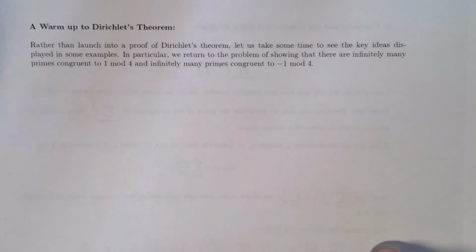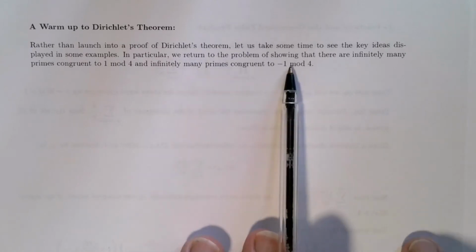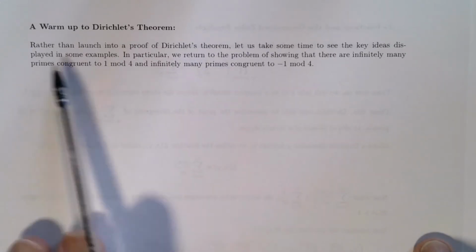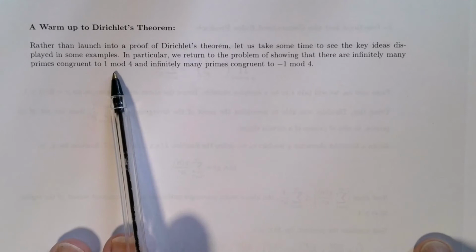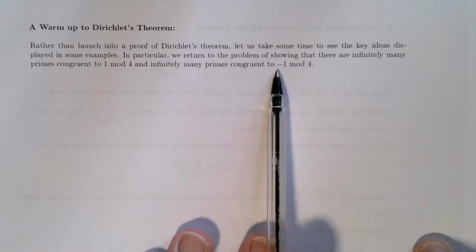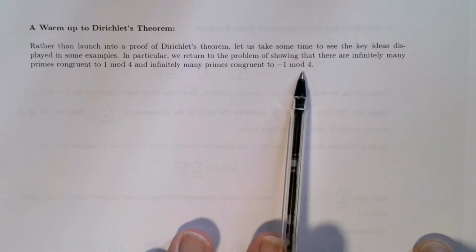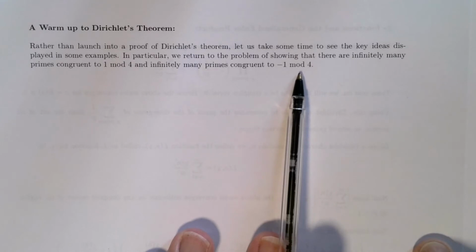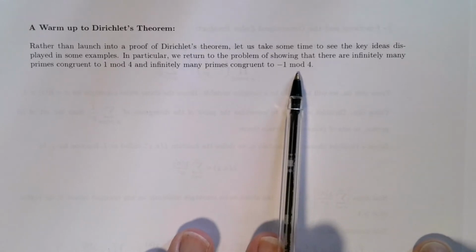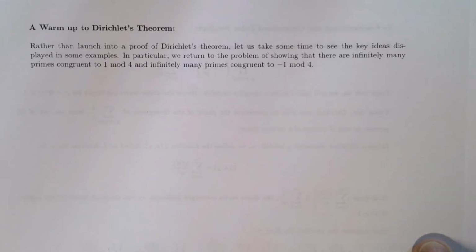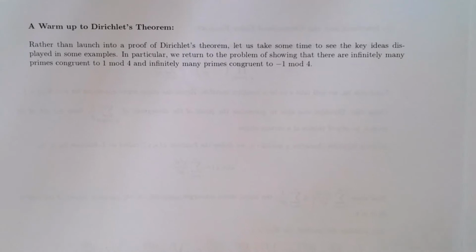So in particular, I'm going to return to the problem of showing that there are infinitely many primes congruent to 1 mod 4 and infinitely many primes congruent to -1 mod 4. This is a fairly longish example, but it's a very important one and worth spending some time on, because we're going to use similar ideas when we come to the main proof of Dirichlet's theorem.